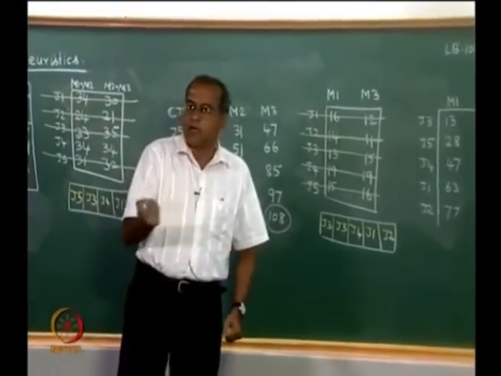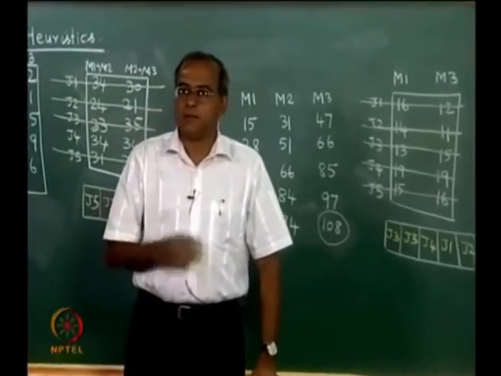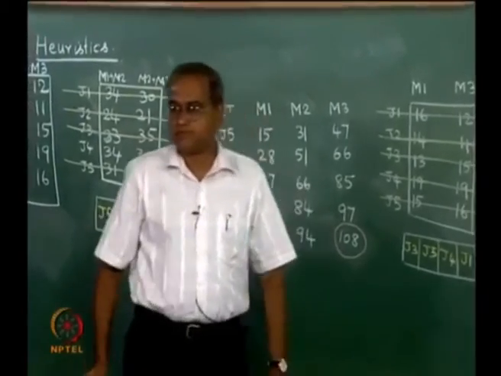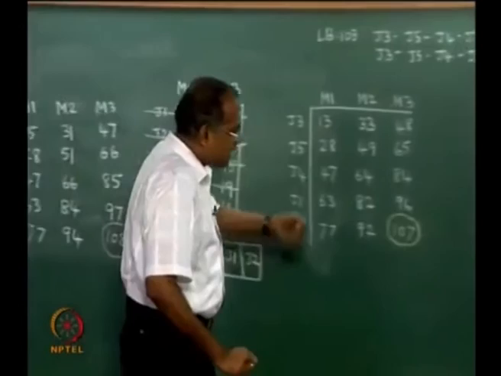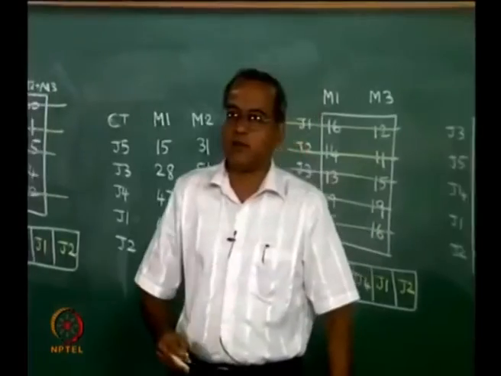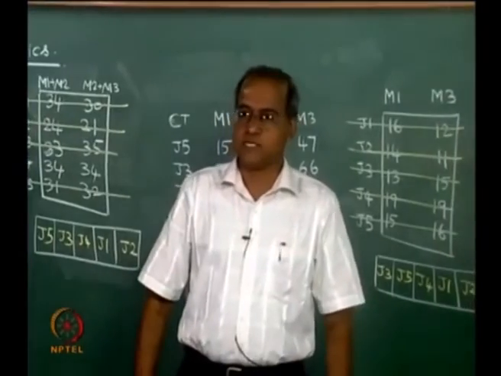It is a very popular algorithm to find the makespan for a general M machine flow shop sequencing problem. Based on a lot of experimentation, it is observed that this algorithm gives better solutions than Palmer's in general. Palmer's would still evaluate only one sequence, CDS would evaluate M minus 1 sequences and choose the best.